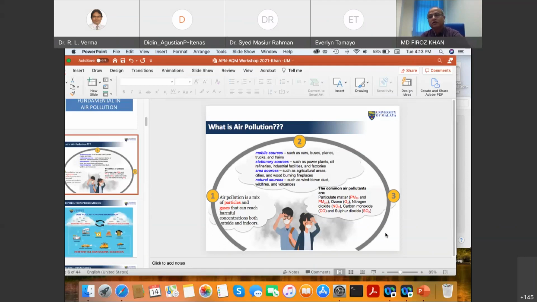And then my third priority is some of the key composition in the atmosphere. What are those key compositions? PM10, PM2.5, ozone, oxides of nitrogen, carbon monoxide, sulfur dioxide. Very common, and mostly everybody is familiar, right? The reason I picked these key pollutants is that they can help us know about our air quality.